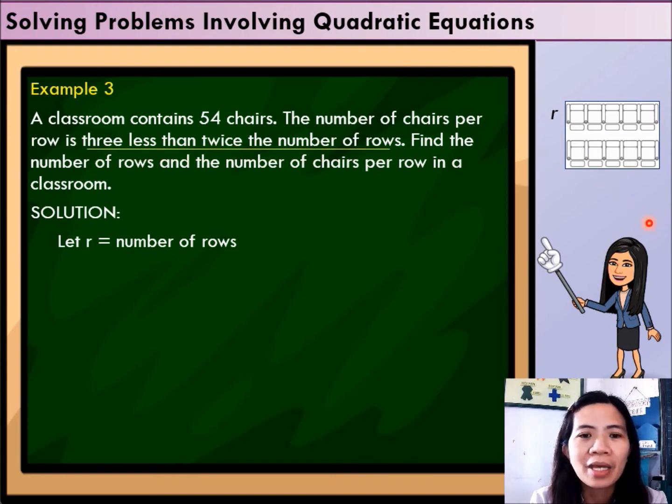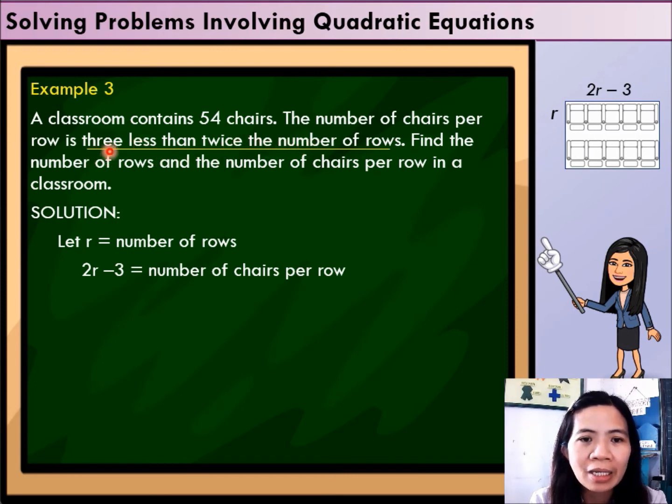Now, then we have here 3 less than twice the number of rows. So how are we going to express that? 3 less than twice the number. When we say 3 less than, that is minus 3. Twice the number is 2 times.